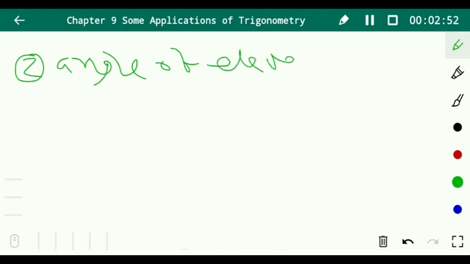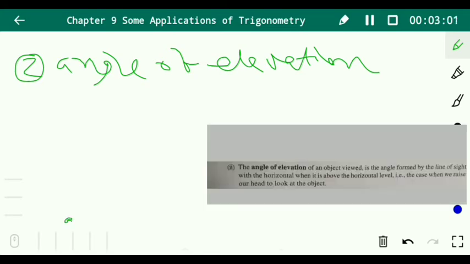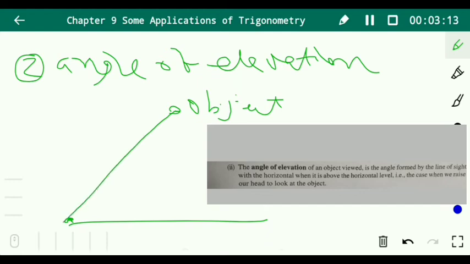Next, second, angle of elevation. Angle of elevation means, suppose the observer is here and the object is above the horizontal line, then we have to draw the line of sight.